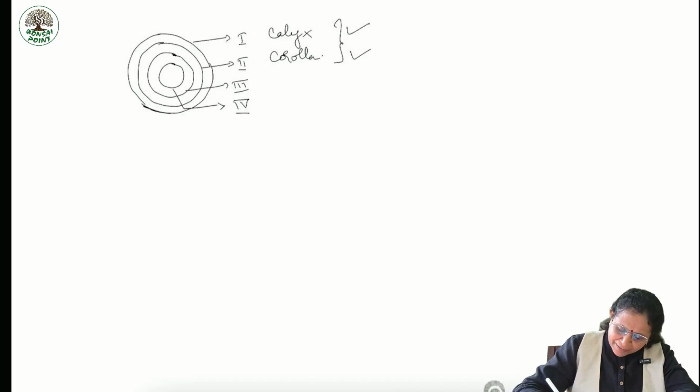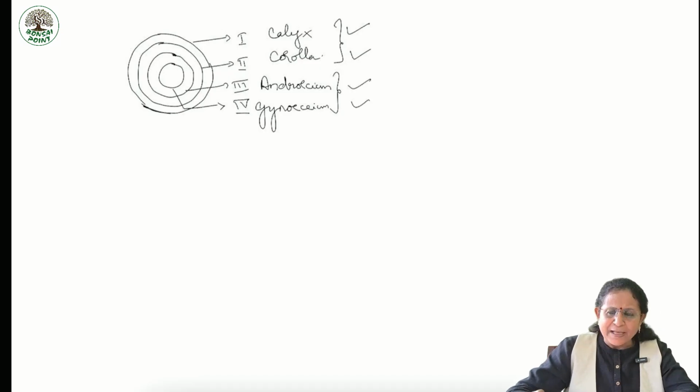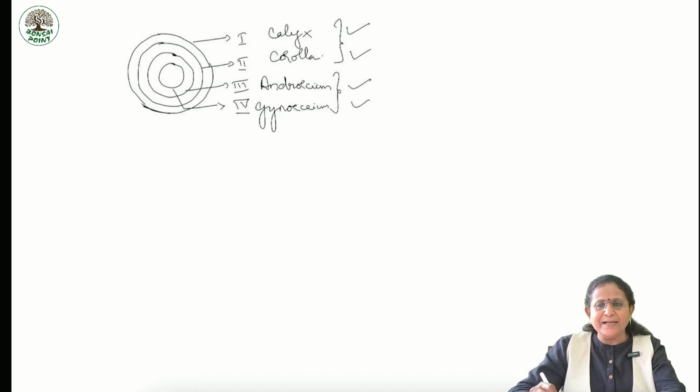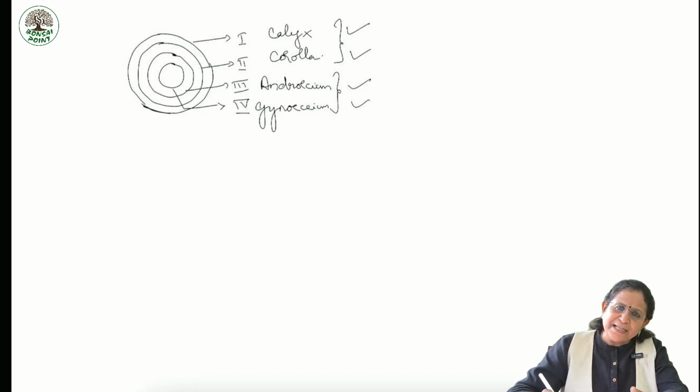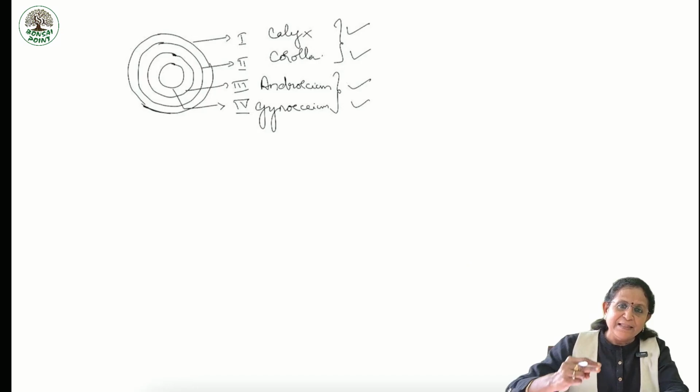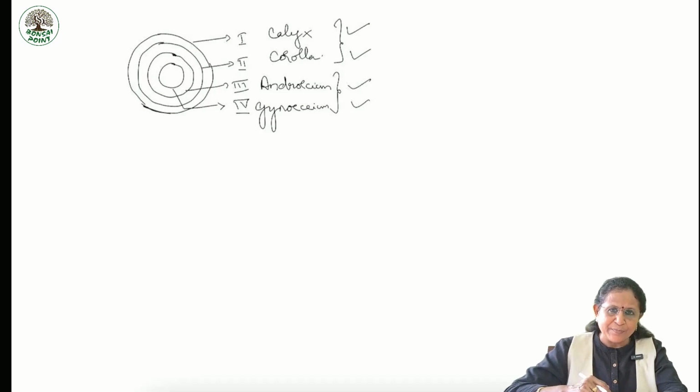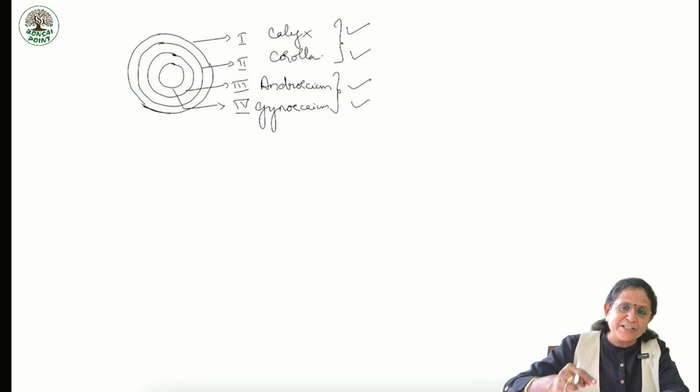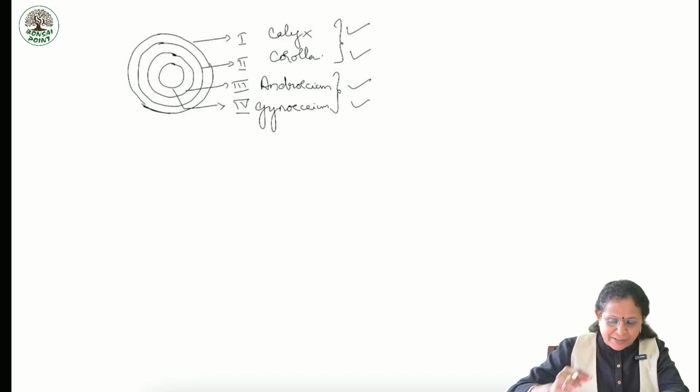In the same manner, these two, that is andrecium and gynoecium, are said to be the essential whorl of a flower. Suppose I ask you mention the essential whorl of a flower, you should write andrecium and gynoecium. Instead, they ask you mention the second essential whorl of a flower, then you have to say gynoecium. First essential whorl of a flower, andrecium.